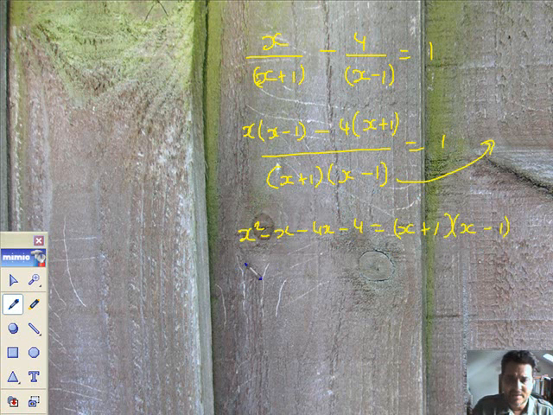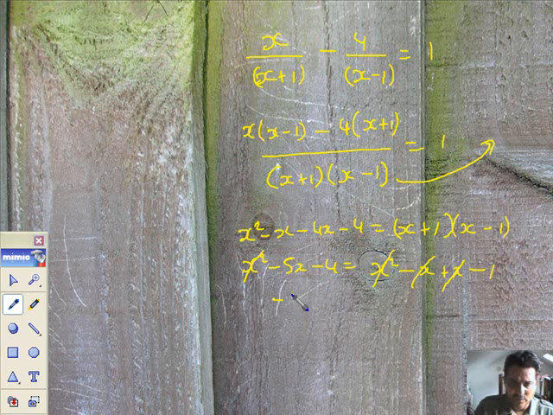Right then, simplifying this, I've got x squared minus 5x minus 4 equals, let's multiply this out, x squared minus x plus x minus 1. So I can cancel the minus x plus x straight away. I can cancel my x squared straight away actually. If I bring this over and subtract it, it's gone.